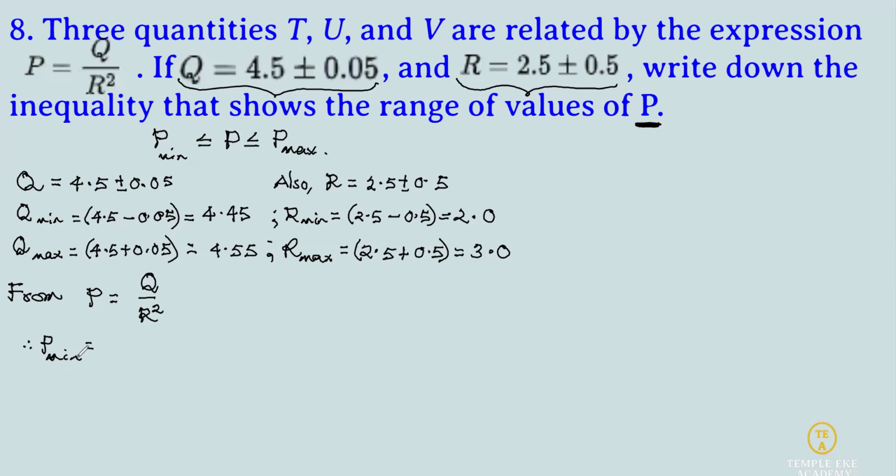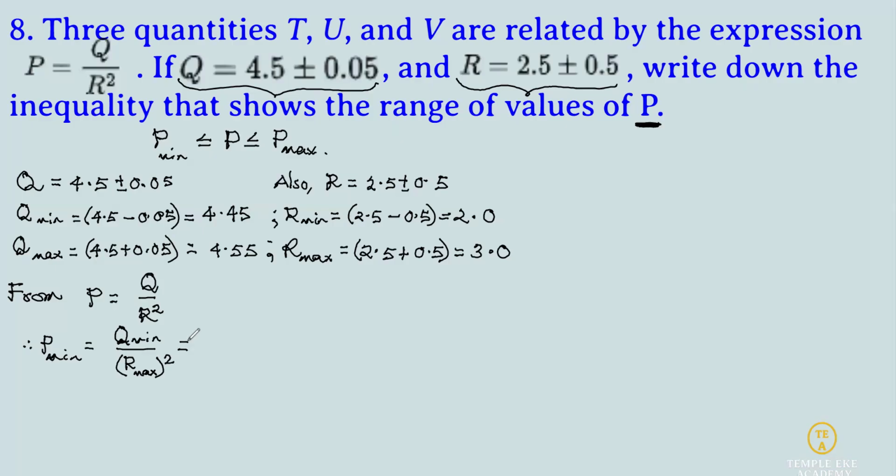Because we want to find the minimum value of P, it will occur when the numerator is at its minimum and the denominator is at its maximum. So the minimum value of P will be given by Q minimum divided by the maximum value of R, R maximum. And don't forget, the value of R is to be squared. So let's evaluate this.